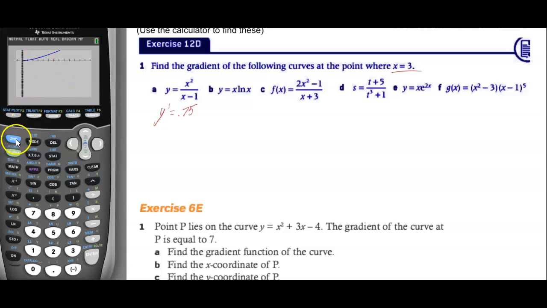How do we do that? We're going to go second calc 6 dy dx, and we'll type in the value 3. And it says the value is 2.0986. If we want 3 sig figs, 2.09 would round up to 2.10.